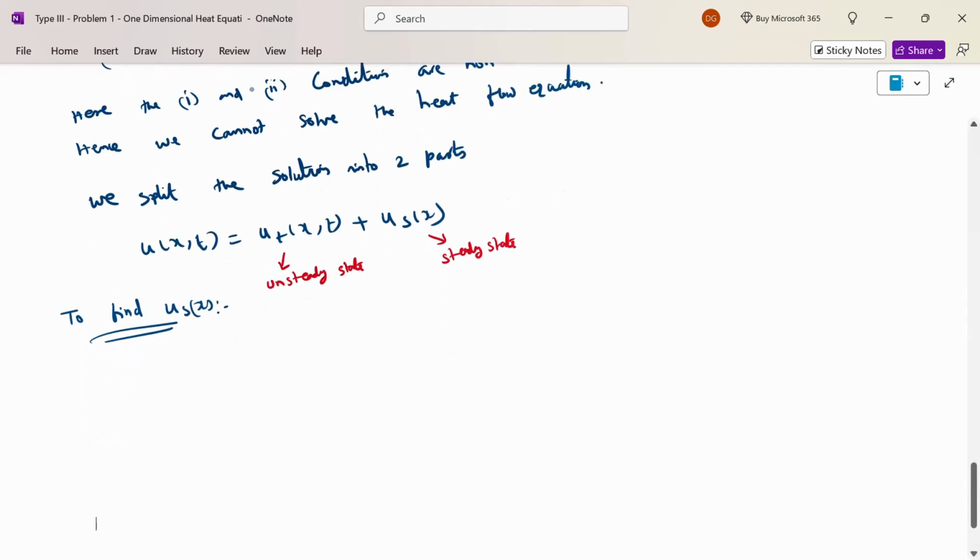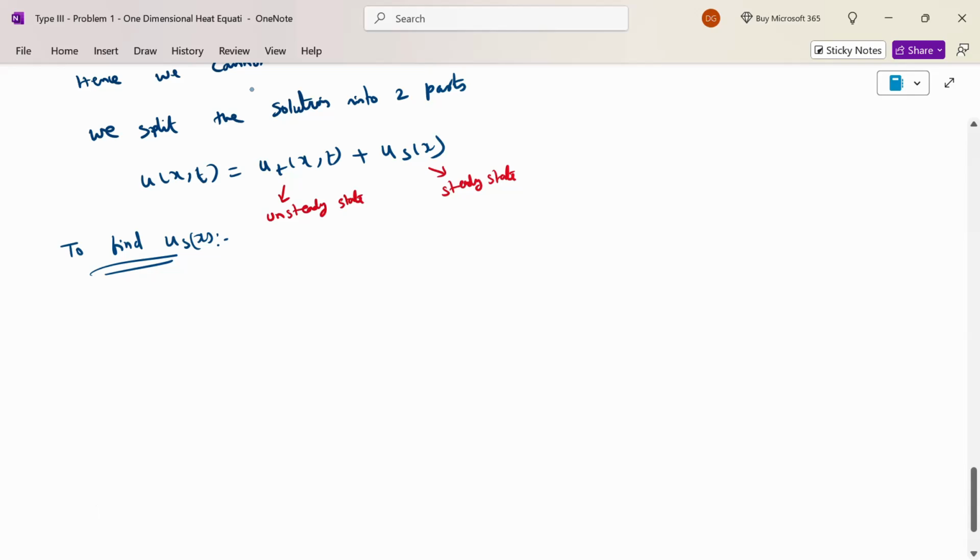How to find this? For the steady state condition, we know that we consider u_s(x) equals cx plus d. So now to find the values of c and d, in the condition where the temperature is increased at one end and decreased at the other.